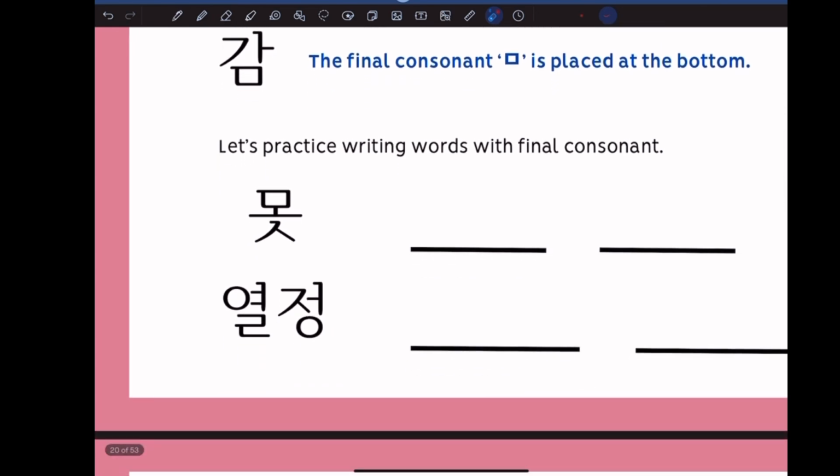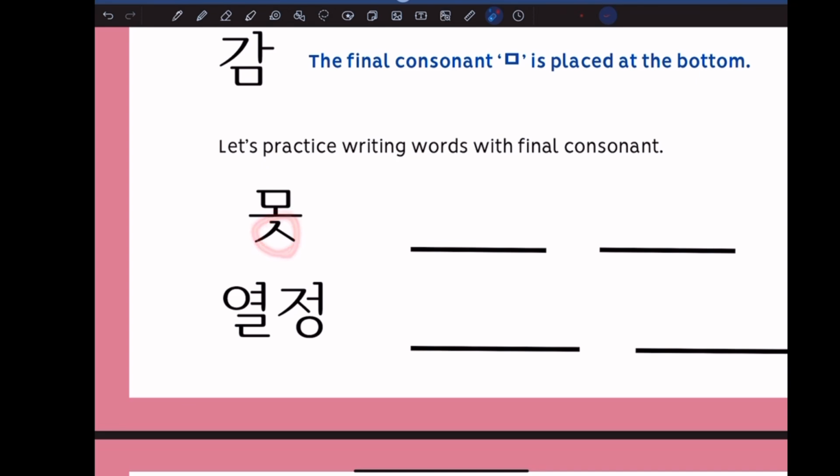So now, let's practice writing words with the final consonants. 못. For 못, you have to combine the m consonant with the o vowel. As you combine the m sound and the o sound, it's going to be pronounced as mo.